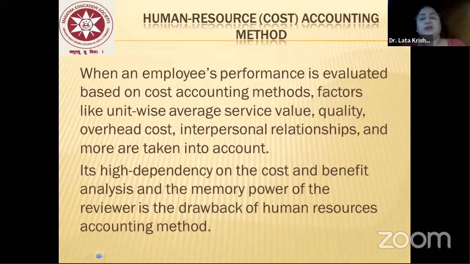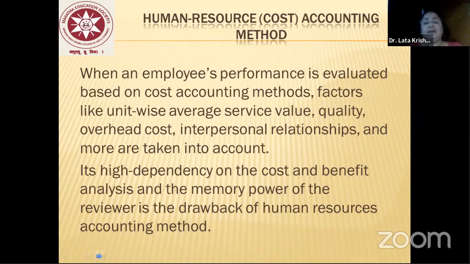So this is a very rational method, and it helps the evaluation of people based on cost accounting methods. Factors like unit-wise average service value, quality overhead costs, interpersonal relationships, and more are taken into account.